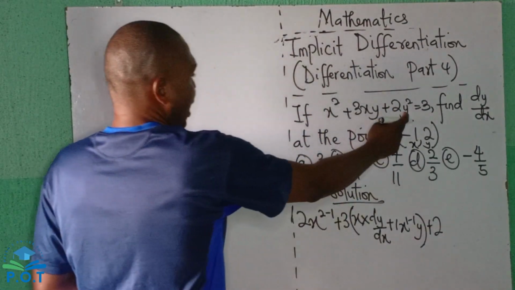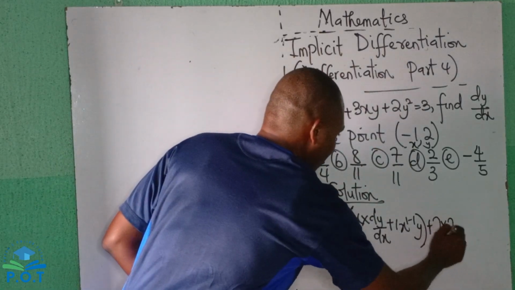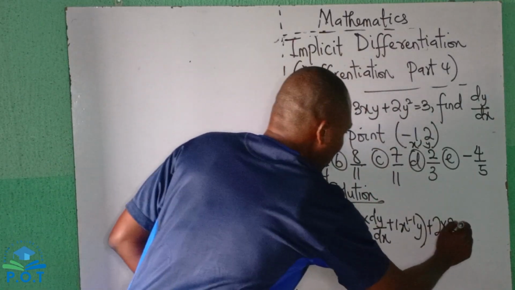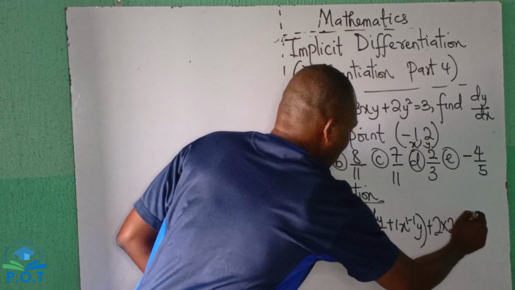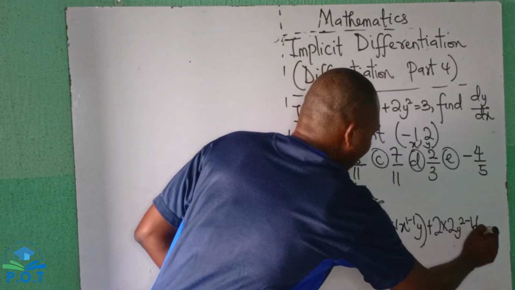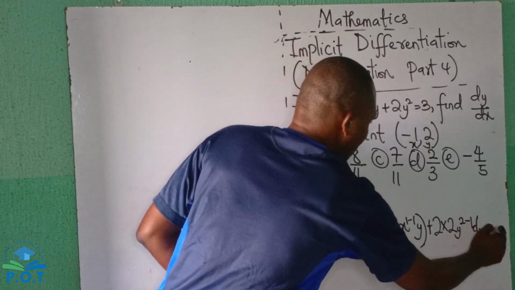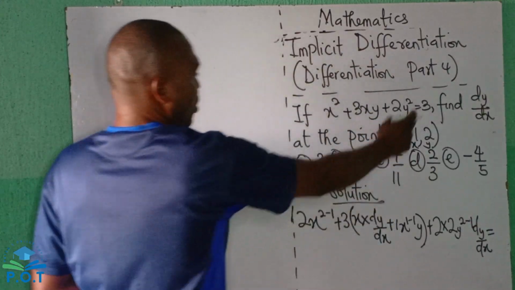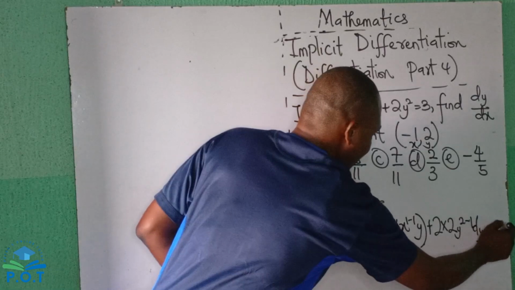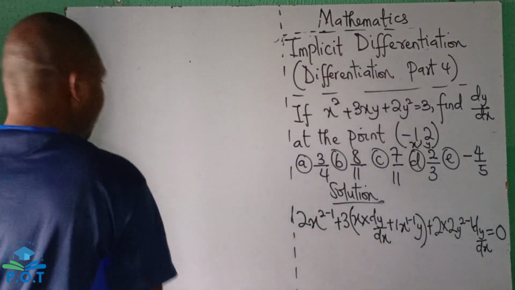Now highest power of y here is 2, so bring it down. I'm going to write my y squared and then I will subtract 1, then my dy/dx as usual, equals to, if you differentiate a constant, you are going to get 0. So let's continue here.